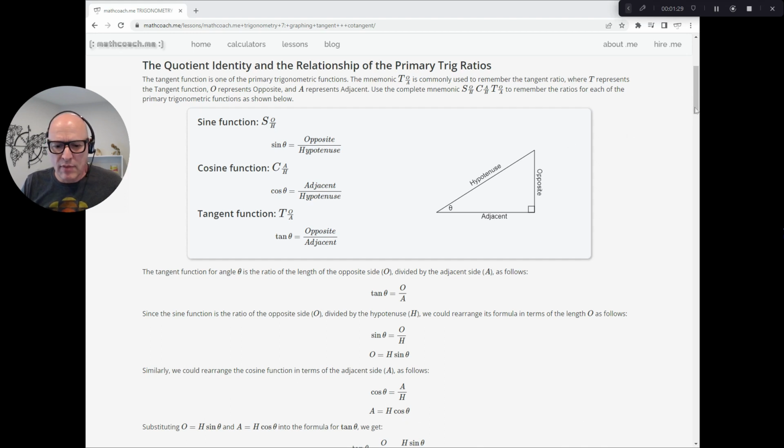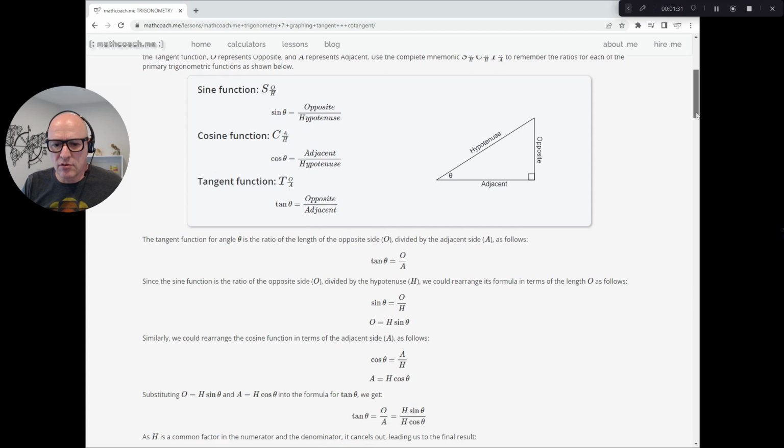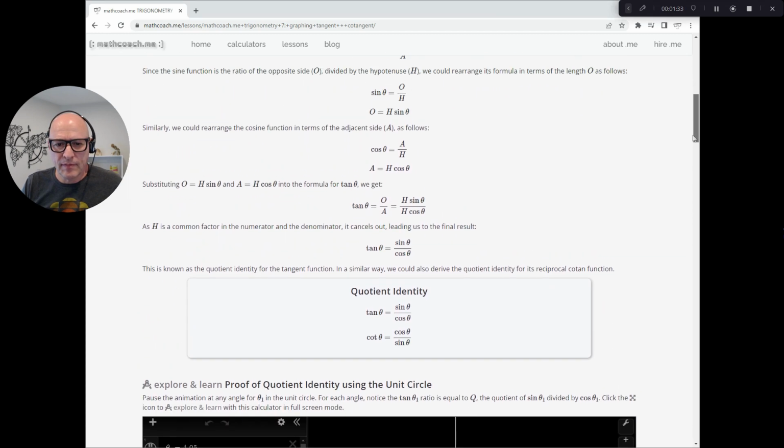So by substituting those two into this trig ratio, tan of theta is the opposite over the adjacent. So I can substitute for the opposite, from our sine of theta rearrangement.